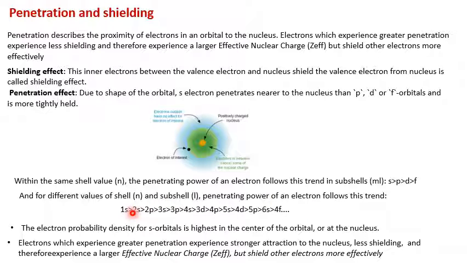So when the 1s, 2s, 2p orbitals have more penetrating power, this means they are tightly held to the nucleus. When an electron occupies these orbitals, it is much more stabilized than in a higher energy orbital. The electron probability density for an s orbital is highest at the center of the orbital, at the nucleus.